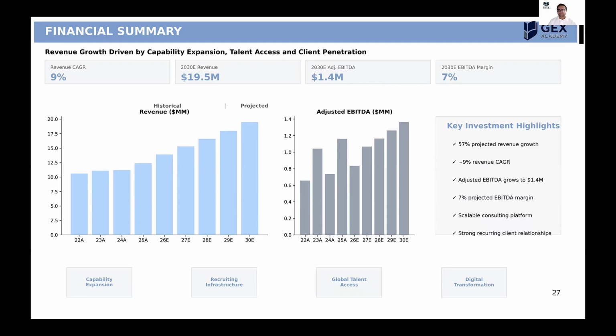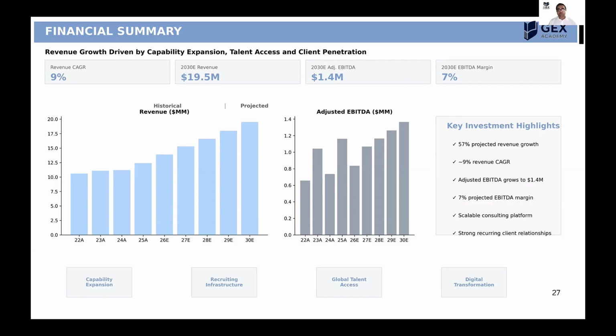At a high level, the management thesis is that the company has built a solid foundation of client relationships, recruiting capabilities, and delivery infrastructure, but has not yet fully captured the opportunities available within its existing ecosystem, right? So the projections you're seeing here reflect management's belief that by expanding their capabilities, strengthening recruiting infrastructure, accessing broader talent pools, and increasing penetration within existing client relationships, the company can accelerate growth over the several years, right?